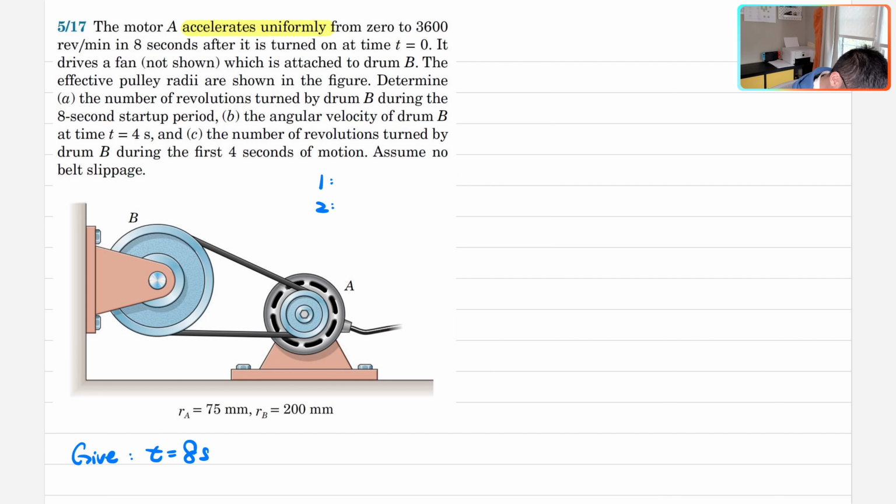State 1 is at rest, and state 2 is t equals 8 seconds. We'll refer to state 1 and state 2 throughout the whole scenario. So the angular velocity, omega, of this motor at 8 seconds is 3,600 revolutions per minute.